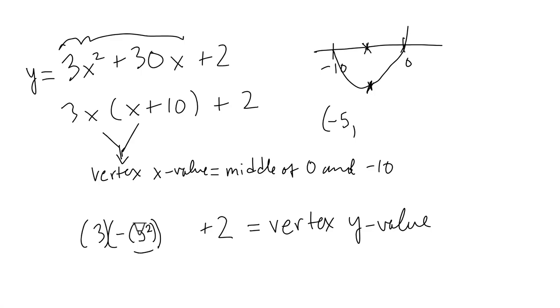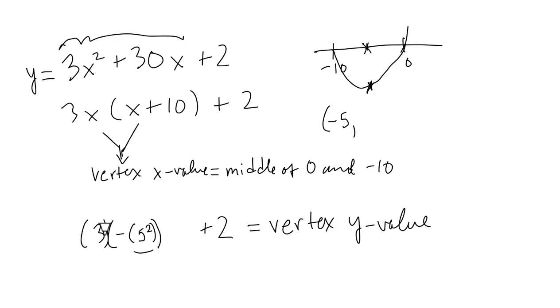In some sense, we can just think, okay, take that and square it, and then just take its negative, and multiply it by that 3, whatever that coefficient is sitting right there. So 3 times the negative of whatever that square is, and then you still have the plus 2 out here. Just add it on, and there you go.